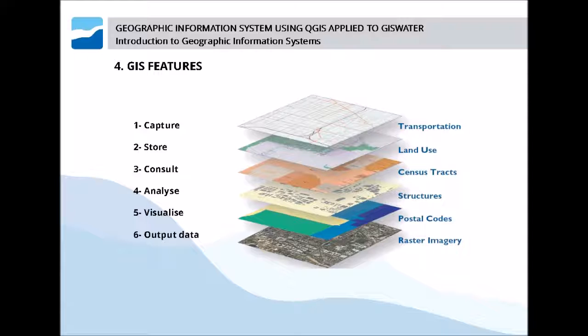What functionalities does a geographic information system have? Well, just to list them here, we can capture, store, query, analyze, visualize, and output all this geodata referenced to terrain.